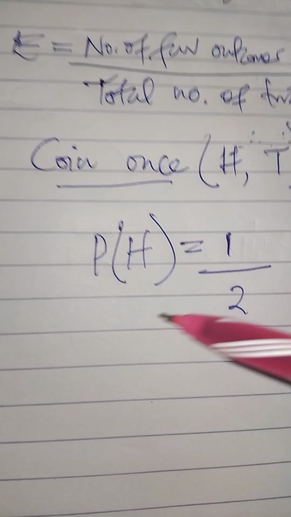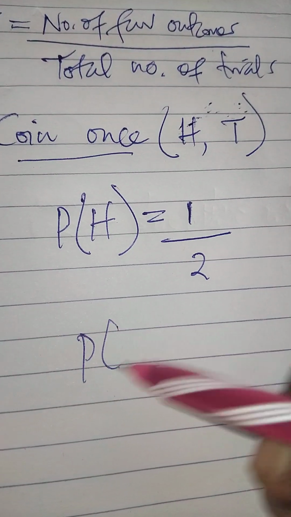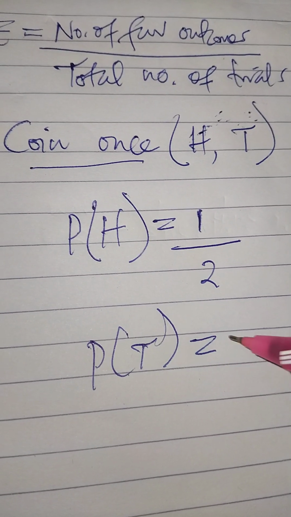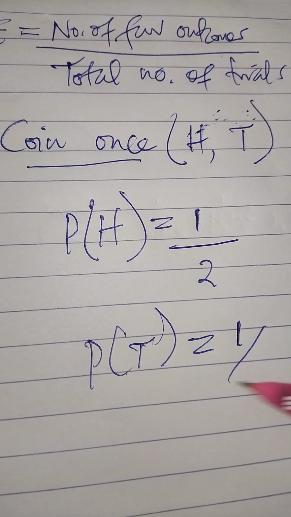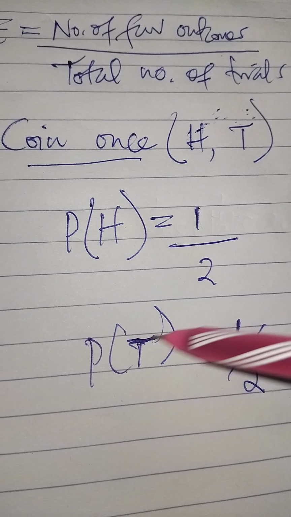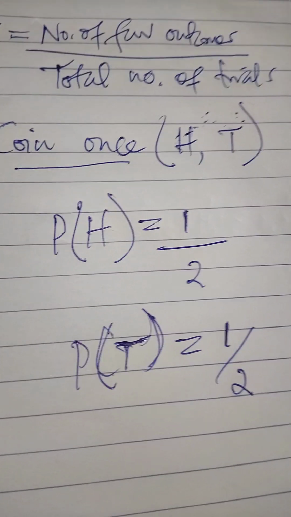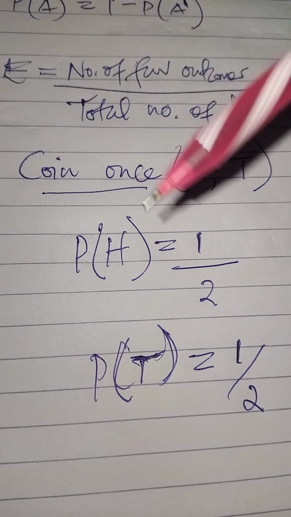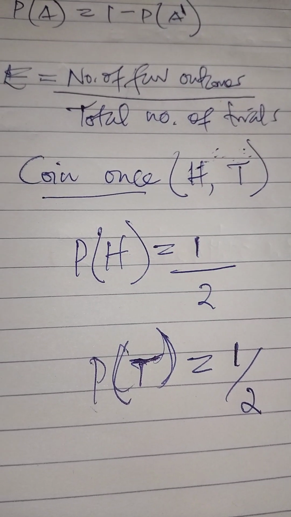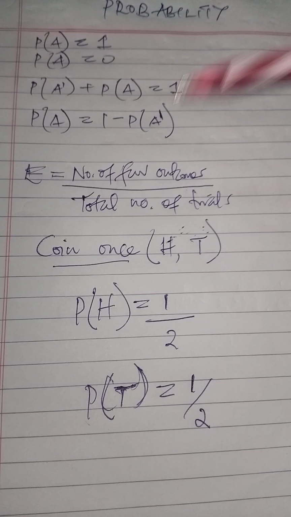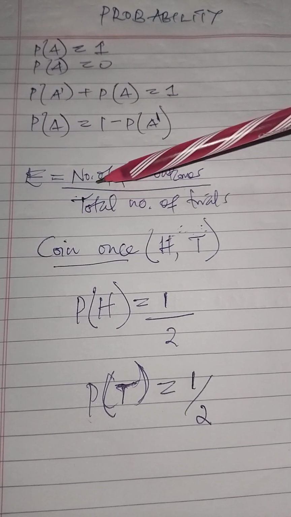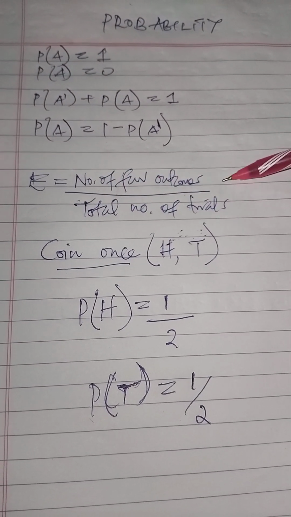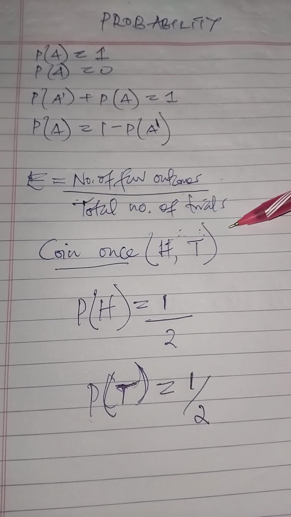So the probability of getting a head is 1 over 2. Then again the probability of getting a tail, again favorable outcome over total number of trials. So the probability of getting a head is half, probability of getting a tail is also half. So for experimental probability, basically just take the number of favorable outcomes over the total number of trials.